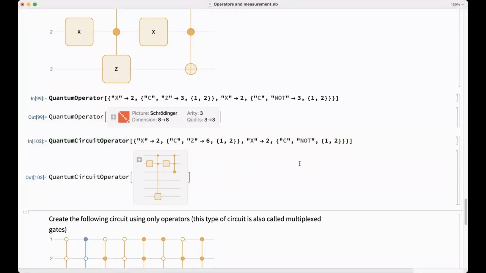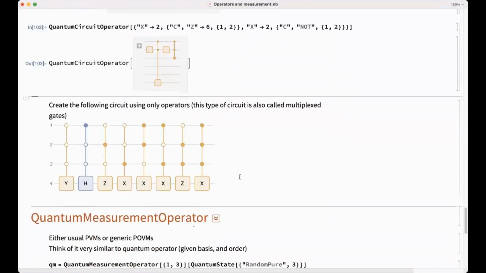Okay, let's see that last example before we move on to the next topic. The circuit that you see here is the multiplex gates. What's happening here is 0, 0, 0, and then Y on that qubit. Then one by one, we are including all the combinations.